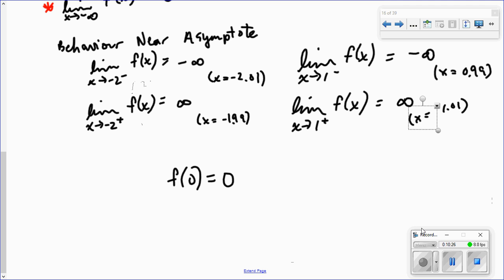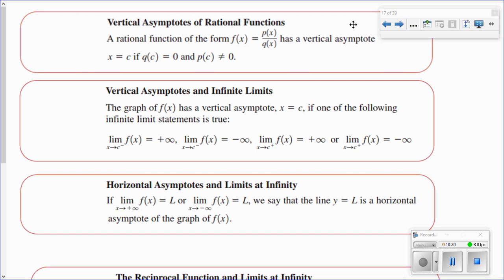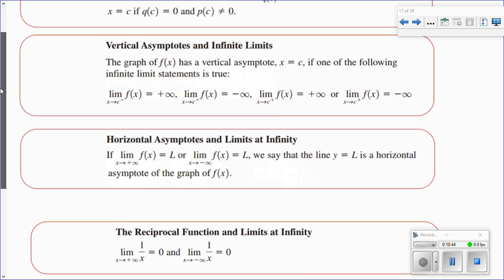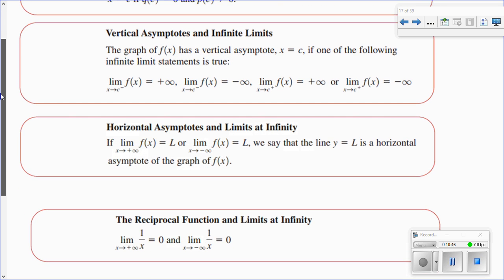What follows next is a couple of definitions of vertical asymptotes and horizontal asymptotes and what we talked about here. I'm just going to leave this up here for you guys. These are right out of the textbook, and we just worked through an example, so it should be relatively straightforward. We're going to go through some tricks and tips to identify horizontal asymptotes.